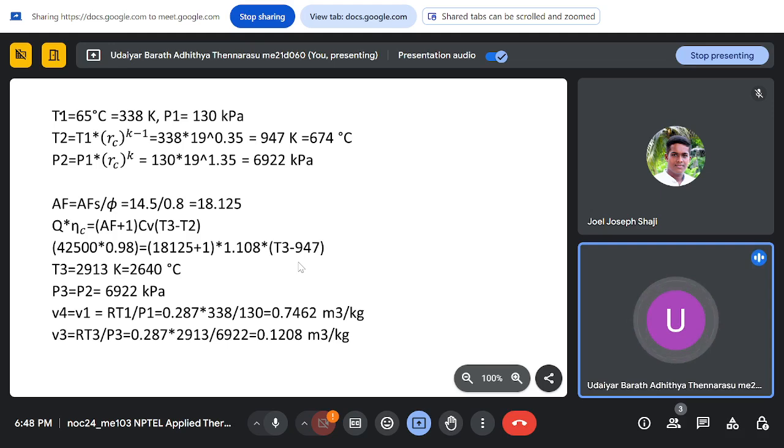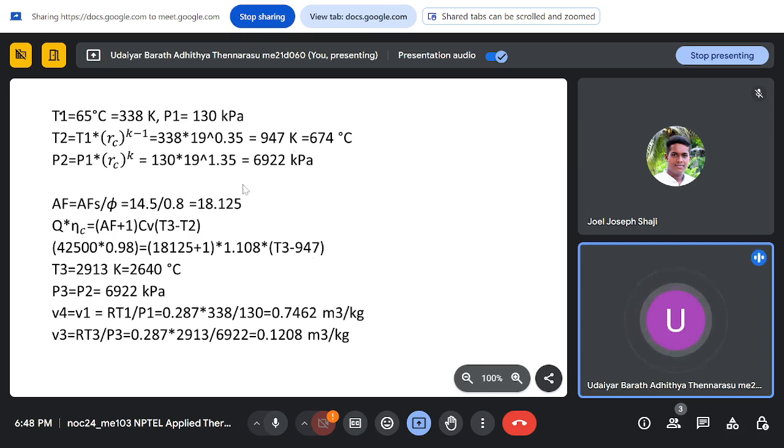Similarly, we can find the pressure because it's a reversible adiabatic process, so PV raised to power gamma is constant. So P2 equals P1 into V1 by V2 raised to gamma. This comes out to be 130 kilopascal at inlet into compression ratio 19 raised to power 1.35, which is 6922 kilopascal.